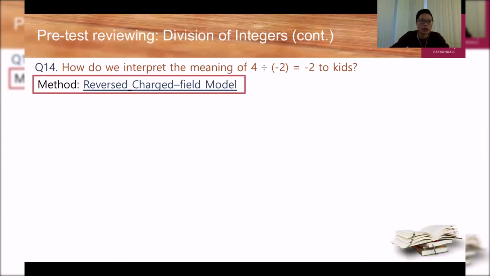Okay, so why is it called a reverse charge field model? That means we will think of the solution in the opposite way. The question here is positive 4 divided by negative 2 is negative 2, right?